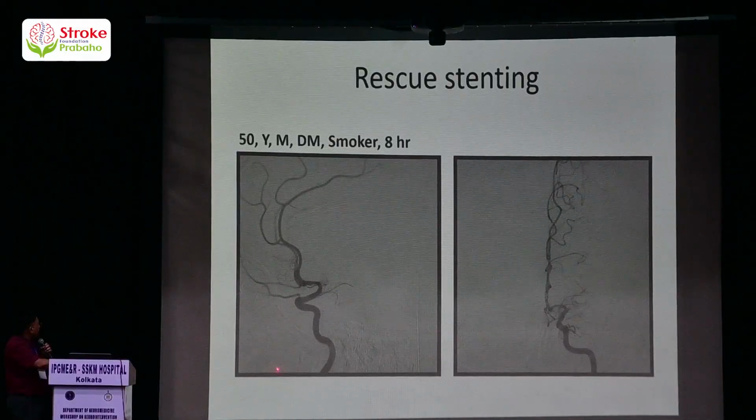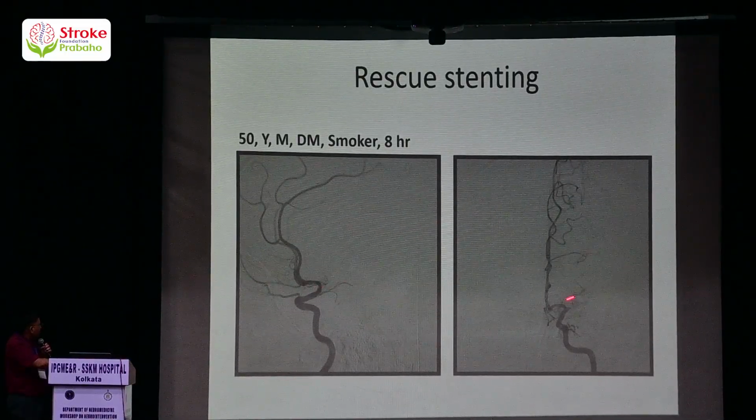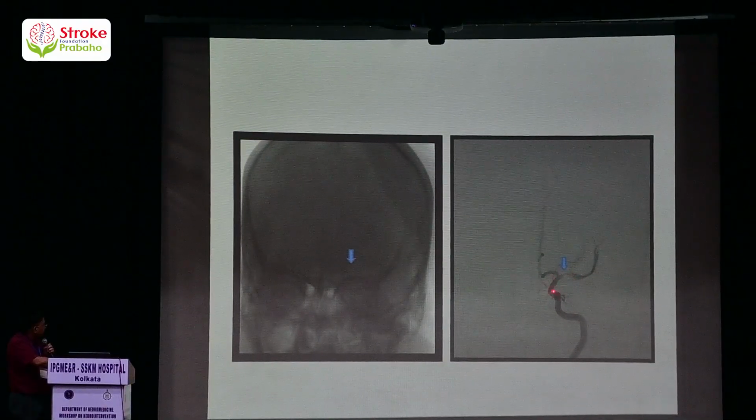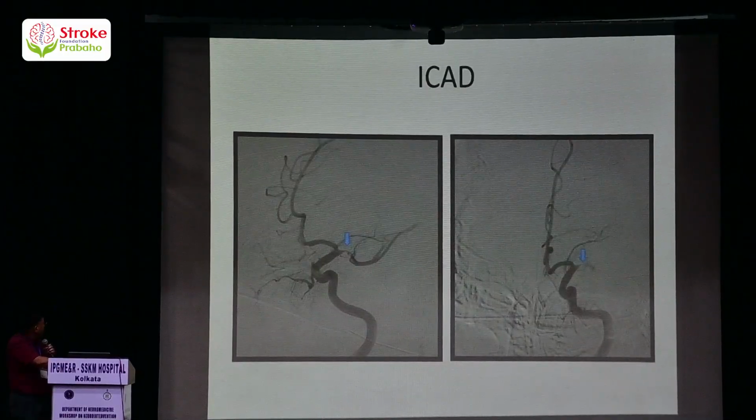A 50-year-old male, diabetic, smoker, at 8 hours, and we can see complete occlusion of the M1 segment. This is the stent retriever, and after the first pass we can see there is a narrowing here. That is indicative of intracranial atherosclerotic disease. It is more visible here after the second pass.